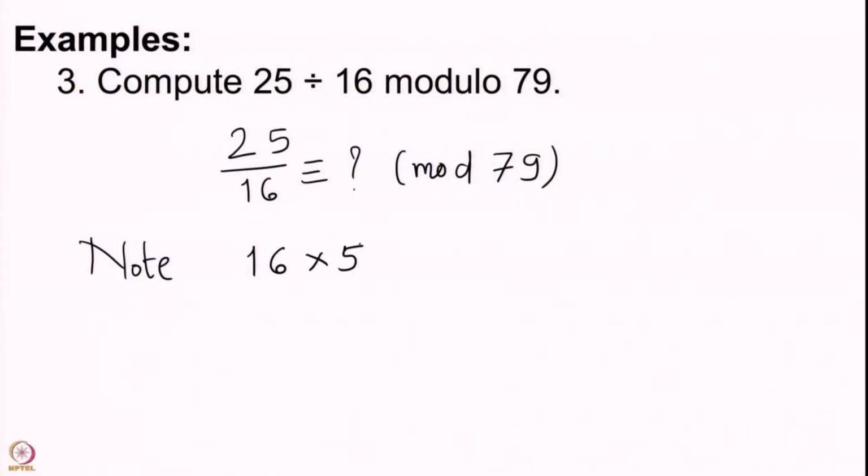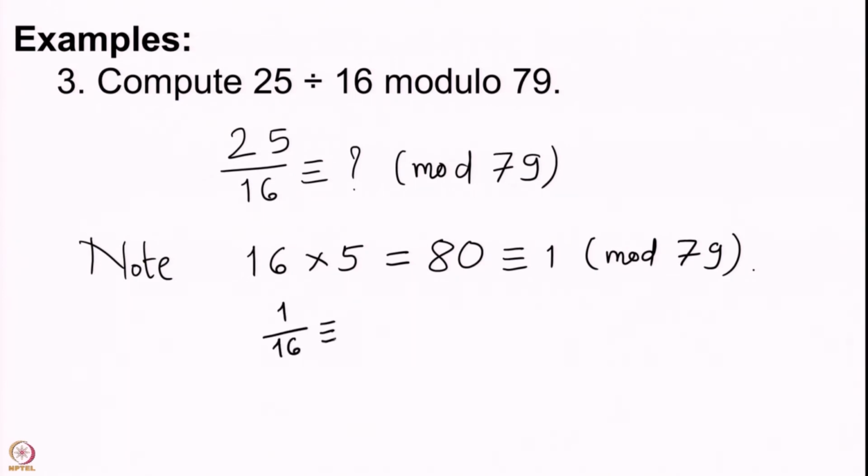Note that 16 into 5 is 80 and this is congruent to 1 mod 79. So, 1 upon 16 is congruent to 5 mod 79.